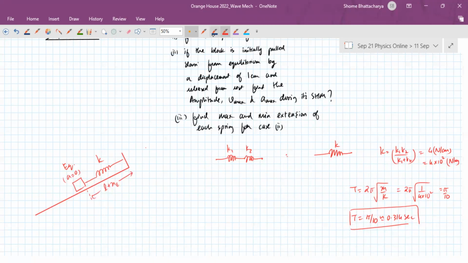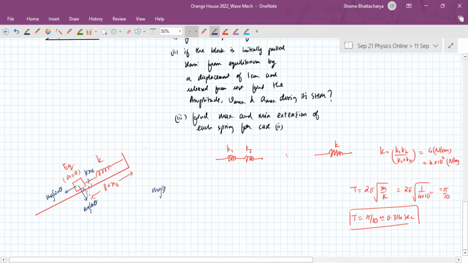Okay. So at this point of time, mg sine theta is getting balanced by this. And mg cos theta is getting balanced by normal reaction. So you have this is the mean position.